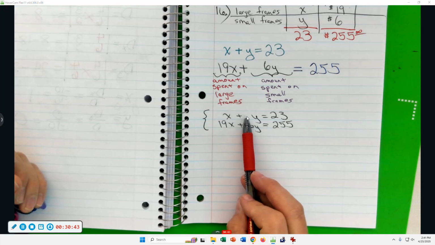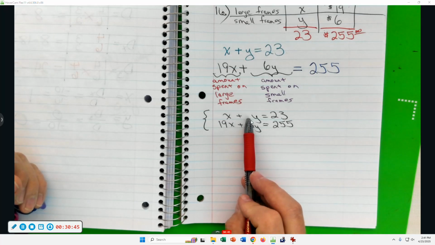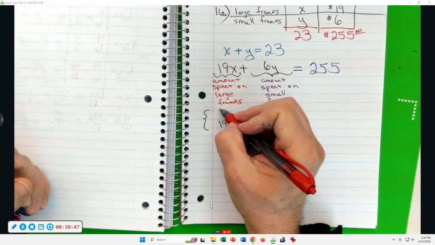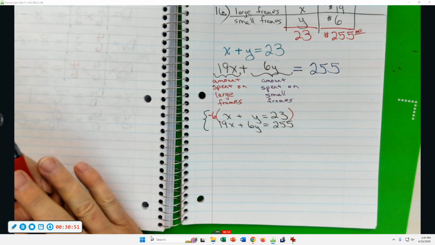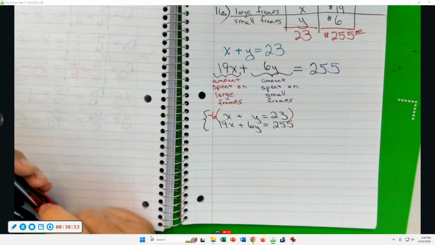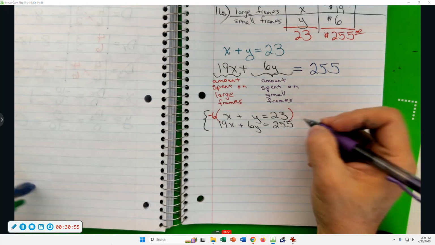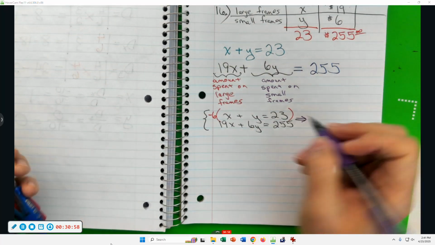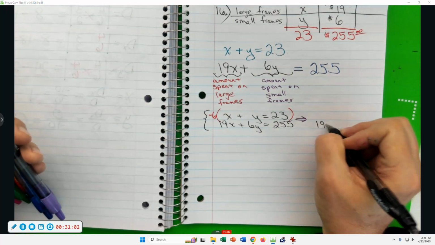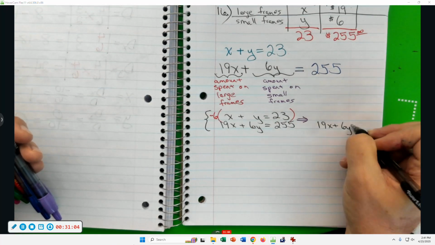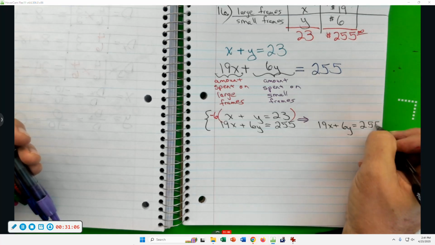I'm going to change this 1 to a negative 6 by multiplying the first equation by negative 6. The second equation is staying as it is. It's 19x plus 6y equals 255.